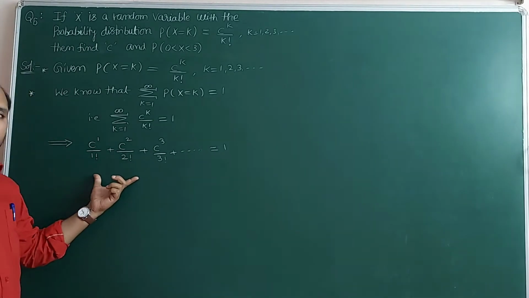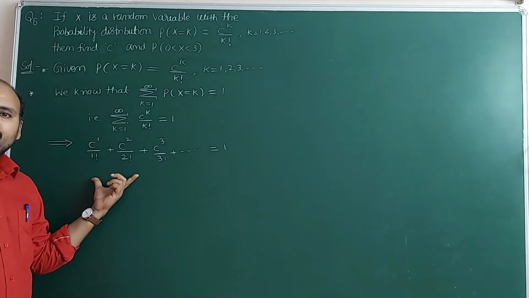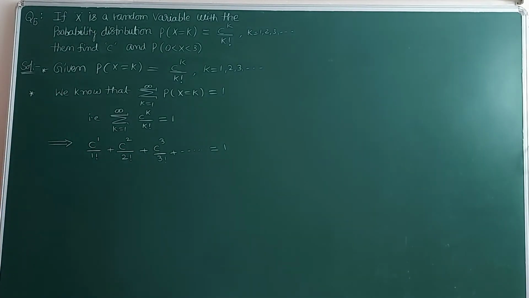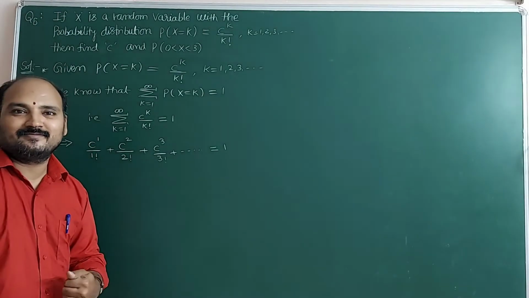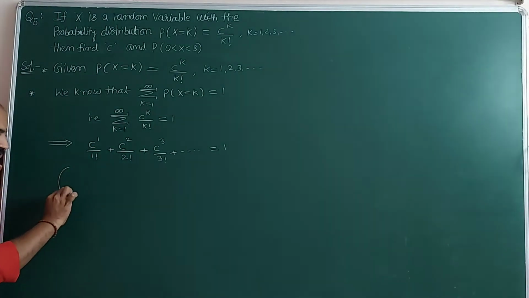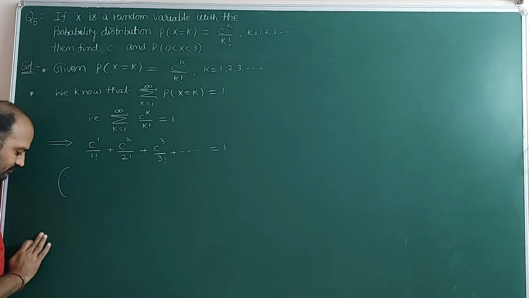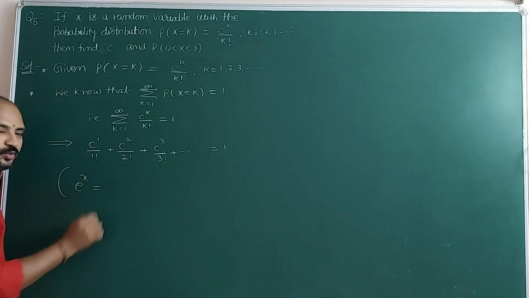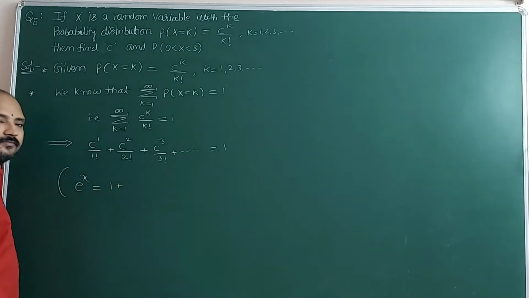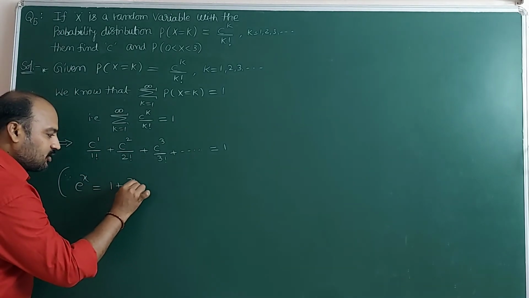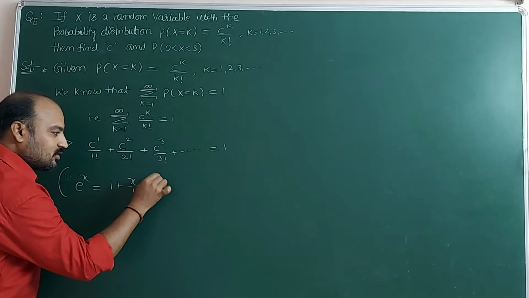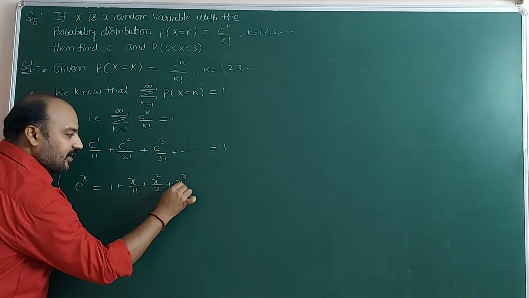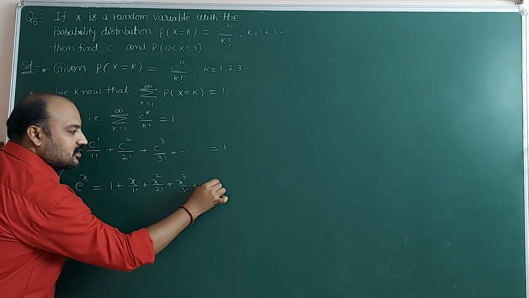Did you observe the LHS of this series, the sum of the expansion? Anyone knows? See here, we have the exponential function e power x is equal to 1 plus x by 1 factorial plus x square by 2 factorial plus x power 3 by 3 factorial plus and so on.